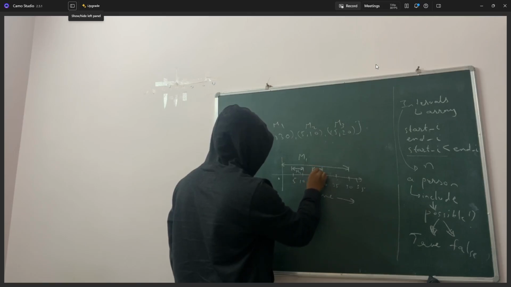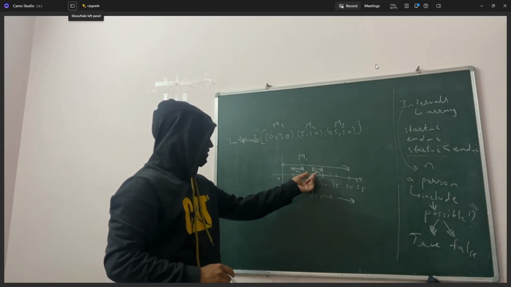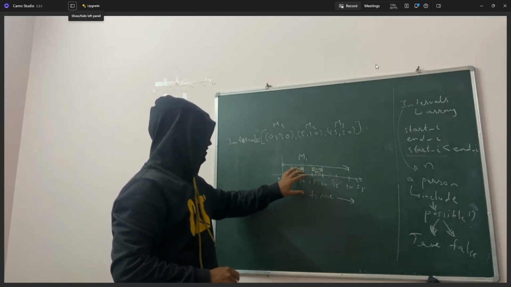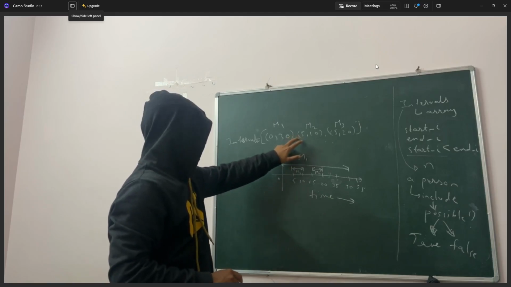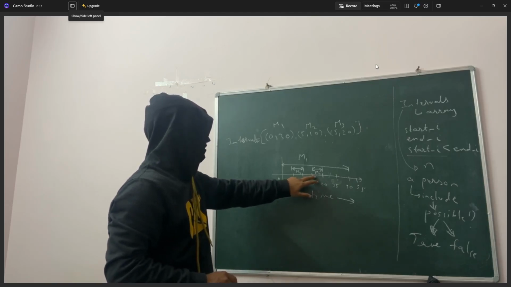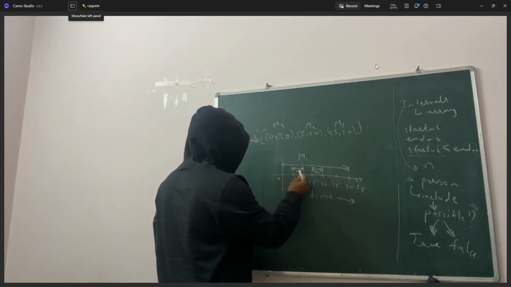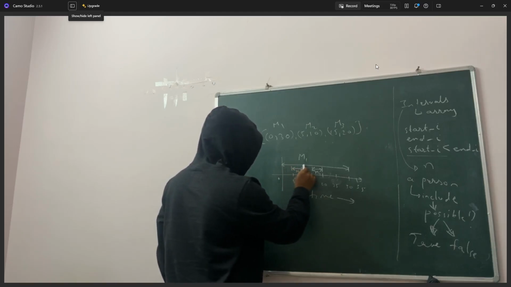So this is M3. Clearly, meeting 2 and meeting 3 are non-overlapping. If he wants to attend meeting 2, he'll go at 5 and exit meeting 2 at 10, and then he can attend meeting 3. But here the thing is, he can attend only these two meetings.